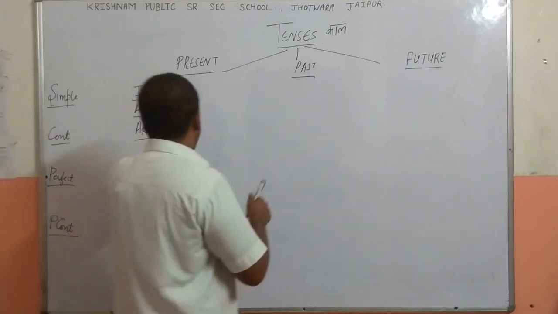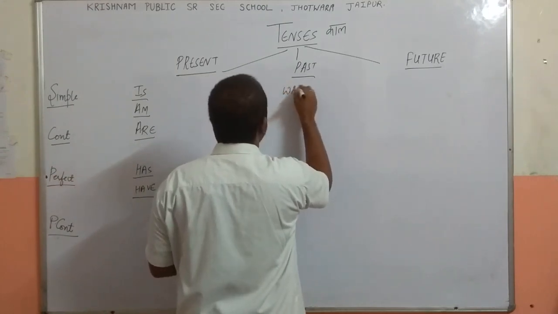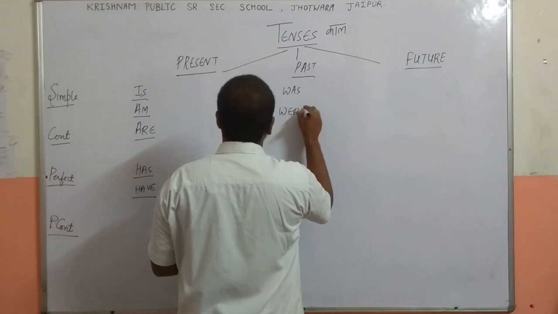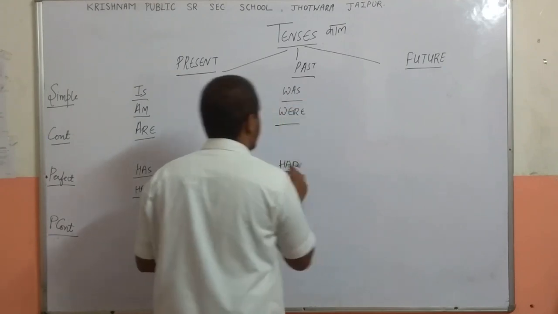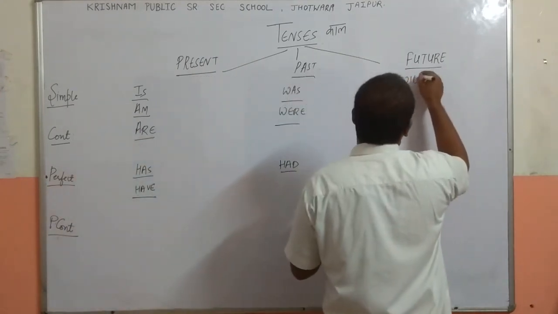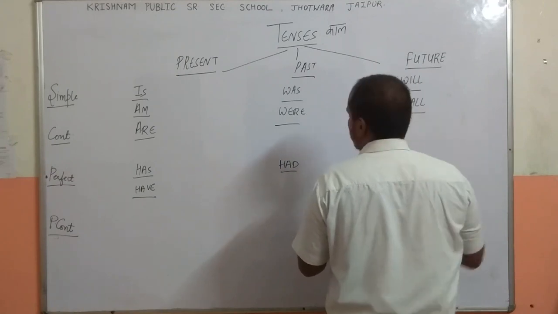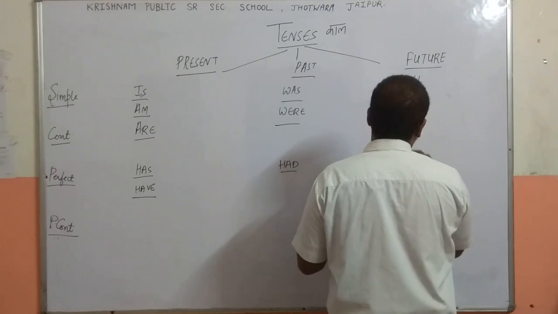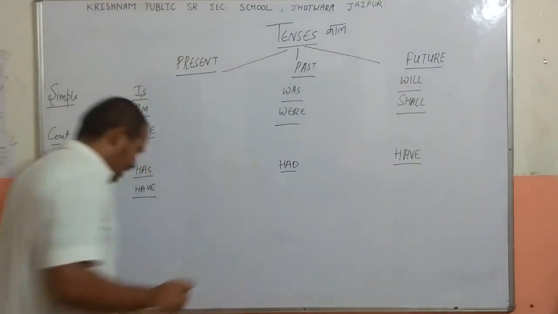In past tense we have was, were, and in perfect and perfect continuous we will be using had. In future we have will or shall, and in perfect and perfect continuous we will be using have. Now I'll explain each and every one.